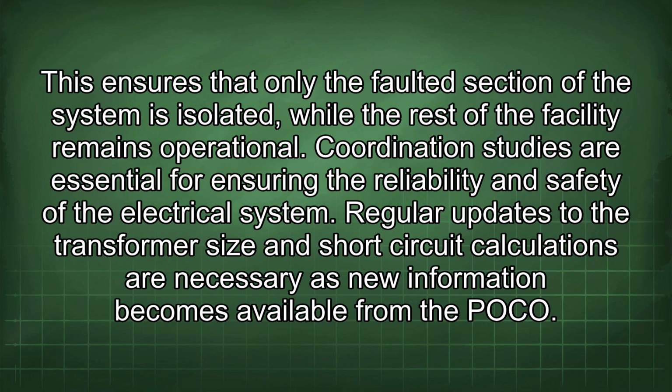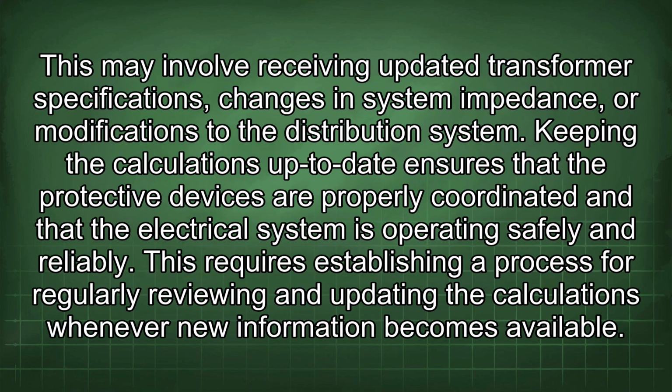Regular updates to the transformer size and short-circuit calculations are necessary as new information becomes available from the POCO. This may involve receiving updated transformer specifications, changes in system impedance, or modifications to the distribution system. Keeping the calculations up to date ensures that the protective devices are properly coordinated and that the electrical system is operating safely and reliably.